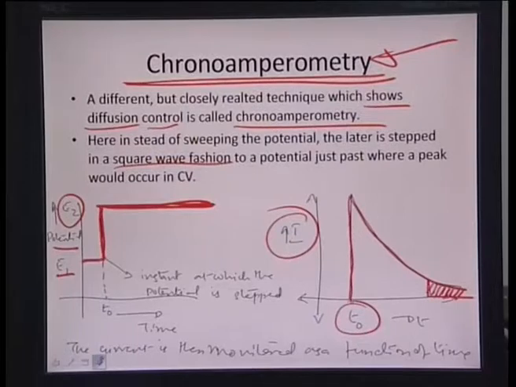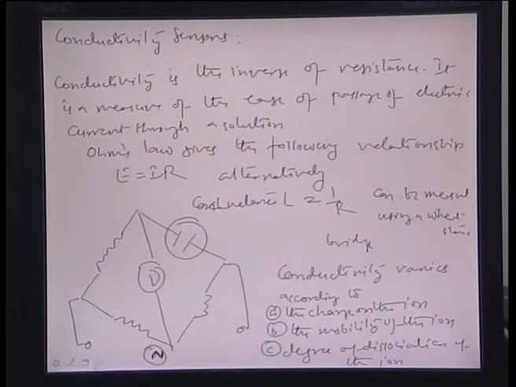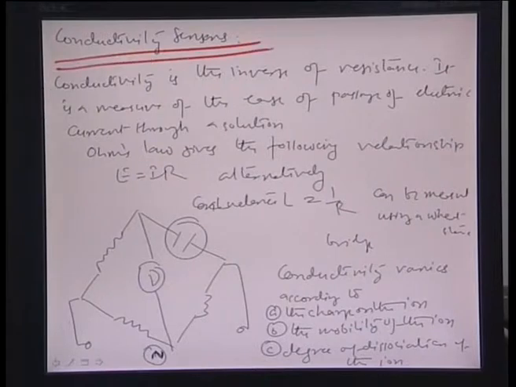So we have by and large covered all the electrochemistry techniques so far, from potentiometry to cyclic voltammetry to chronoamperometry. We now shift briefly to another very interesting area, which is conductivity based sensors. As we know, conductivity is the inverse of resistance.